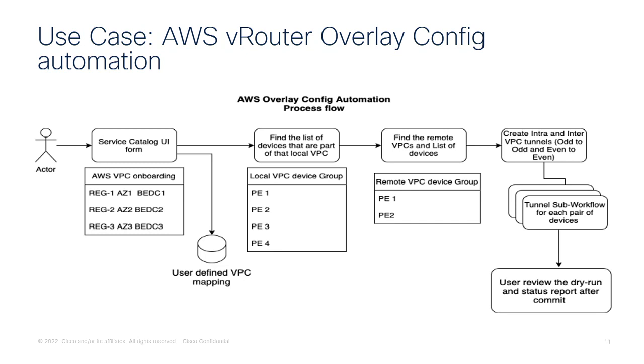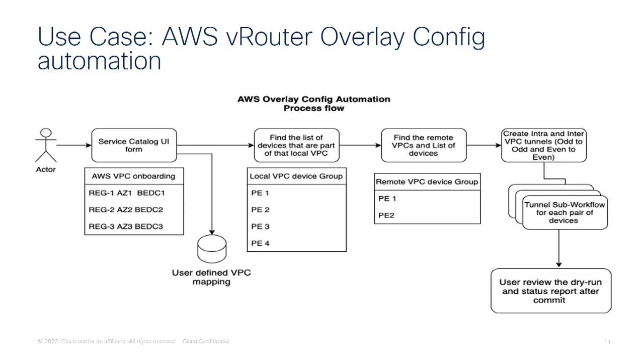So if you bring up a new VR in a VPC, then it has to create all the tunnels within that local VPC. Let's say in that local VPC you have 20 VRs already, so it will create like 20 tunnels. Plus you have to create all the other tunnels for the inter-VPC tunnel.